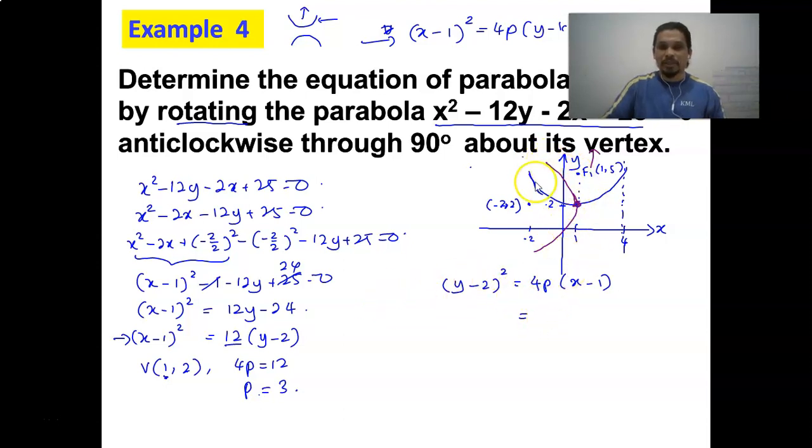This is for the new parabola, not the first example equation, but the one shifted by 90 degrees according to the question. So for this open to the left, p is -3, and (y minus 2) squared equals -12 times (x minus 1).